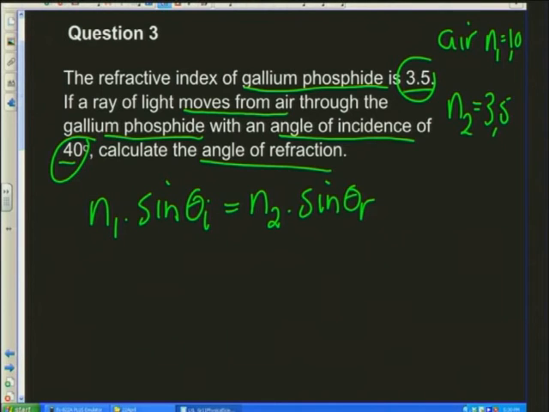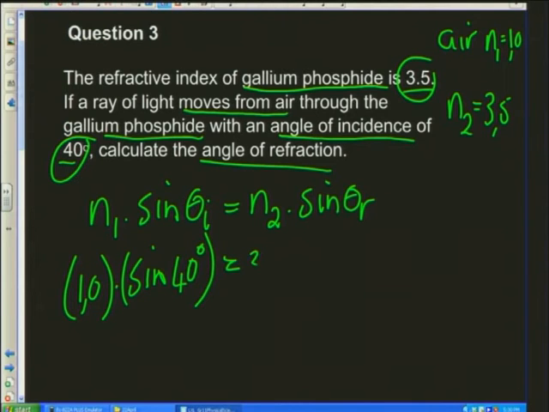So let's just substitute. 1,0 times sine, just don't get it mixed up, read it, angle of incidence, yes, that's fine, 40 degrees, because they can be tricky. N2, 3,15, times sine of the angle of refraction.